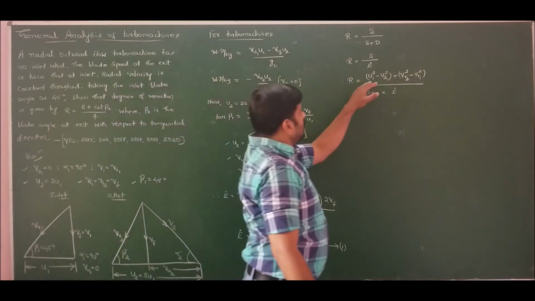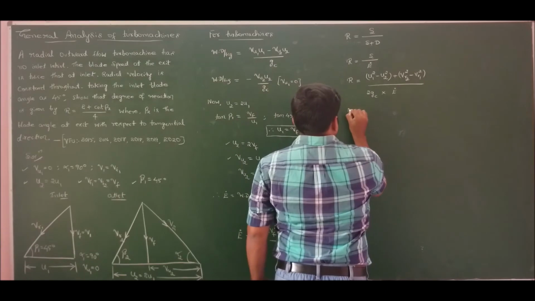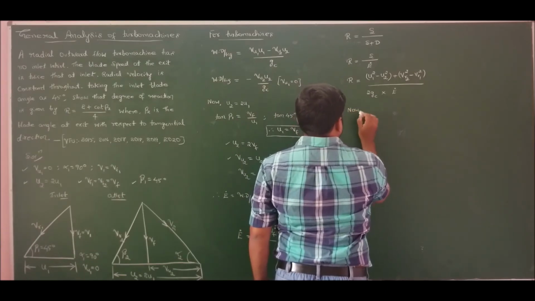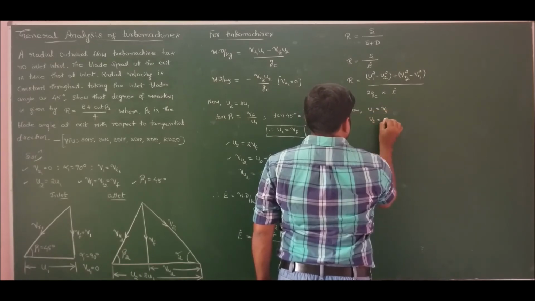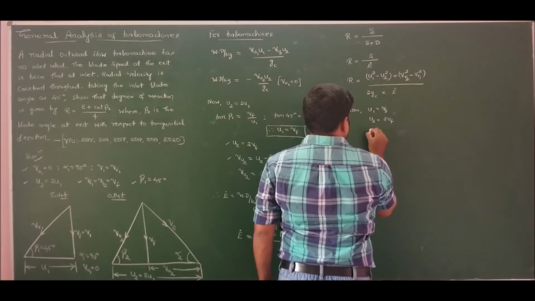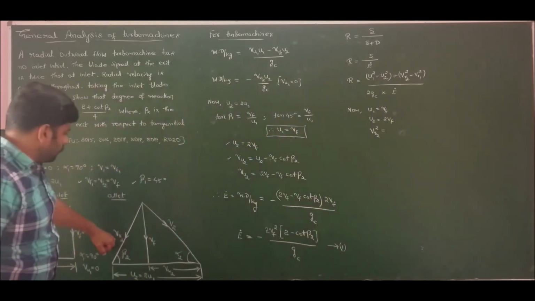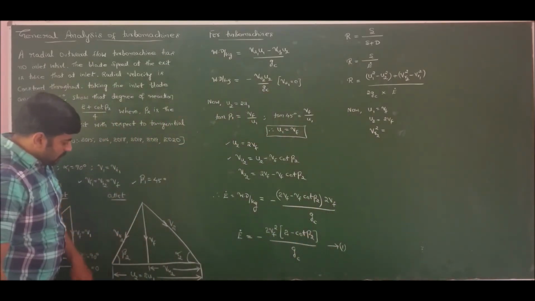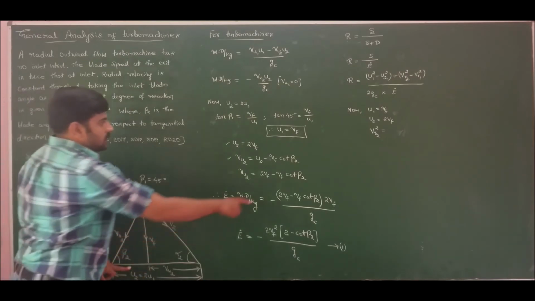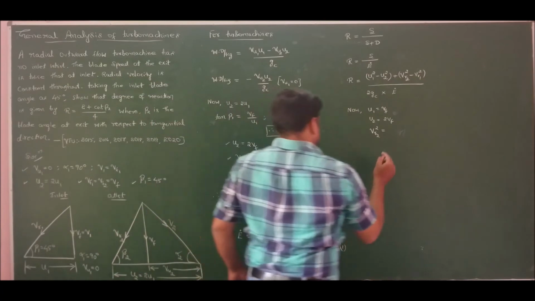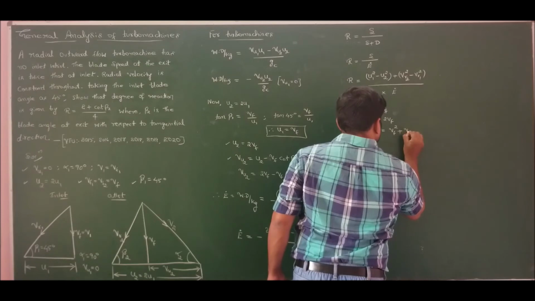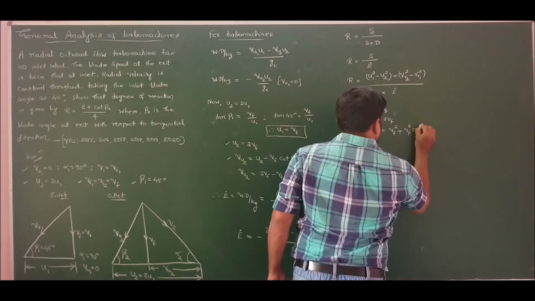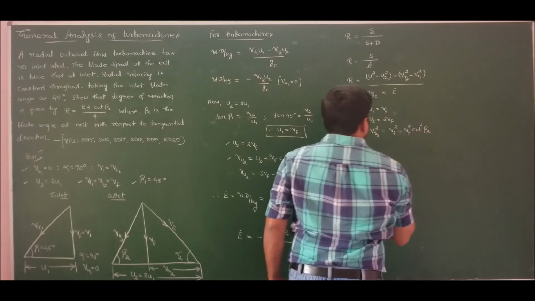Now substitute all these in terms of Vf. U1 is already known, Vf. U2 is already known, 2 times Vf. Vr2 square in terms of Vf I can write as Vf square plus x square, and x is Vf cot β2, so Vr2 square can be written as Vf square plus Vf square cot square β2.